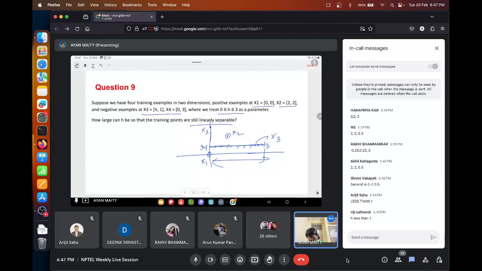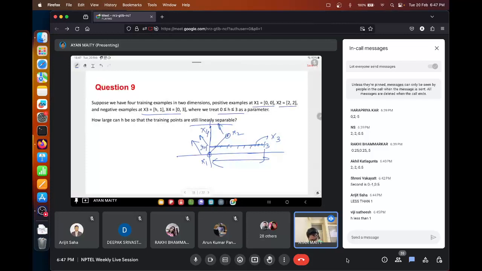So these 2 points are of the same class, that is positive class. x3, this one is x4, so x3 has to be in this region, that is the upper left of the straight line joining x1 and x2. x3 has to be in this region, so that x3 and x4 can be linearly separated from x1 and x2.